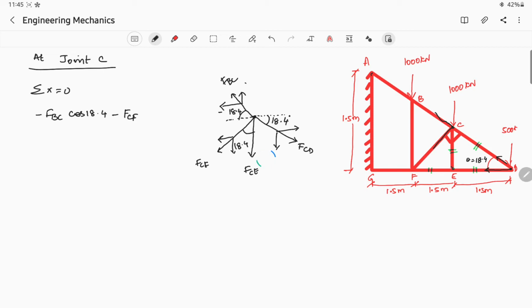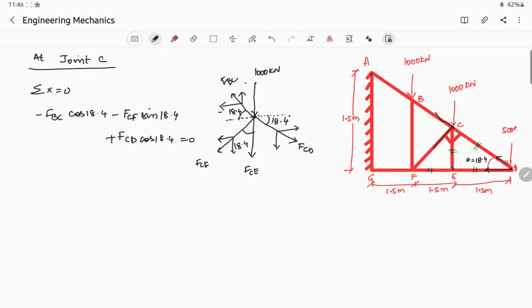So sine 18.4 degrees, plus FCD, this horizontal component, if the angle is with x-axis, so here cos 18.4 equal to 0. Okay, there is one more force going in downward direction here, that is 1000 kilonewton, right, at joint C.